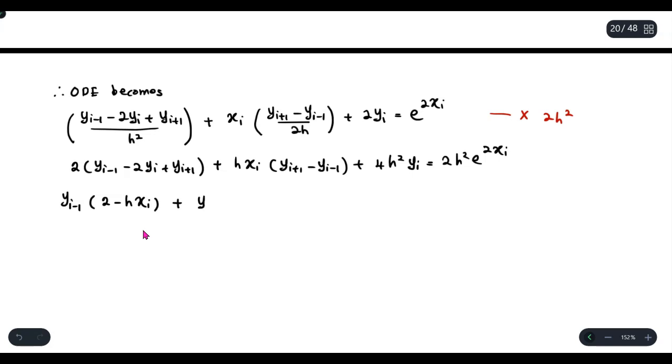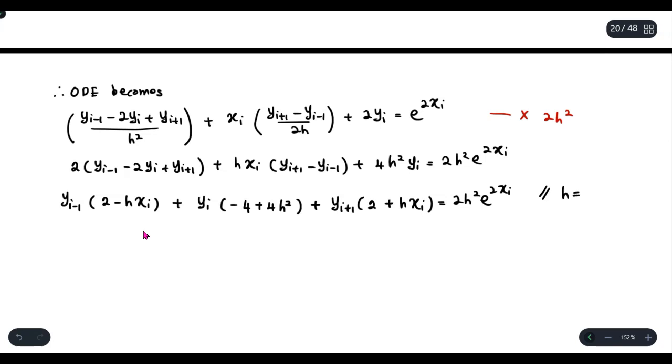In the middle we put y_i, and then we have negative 4 plus 4h squared. Then we factor out y_(i+1), and in the bracket we have 2 plus h x_i. The right-hand side remains 2h squared e to the power of 2x_i.